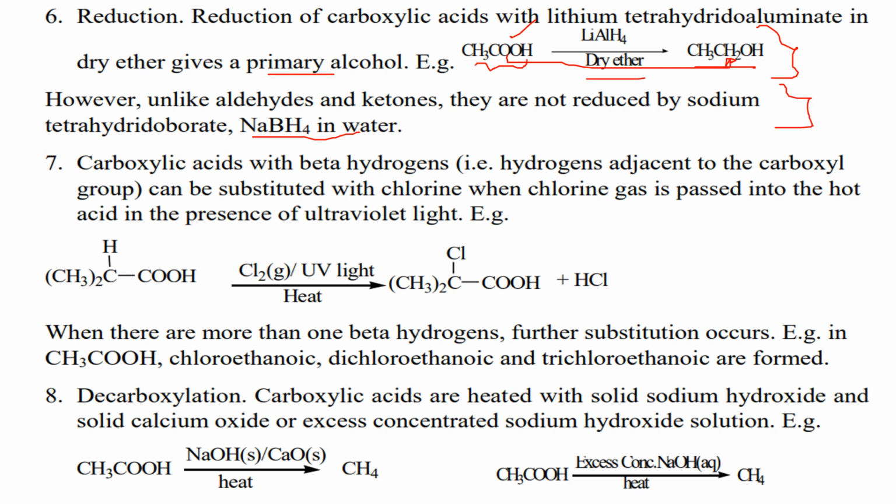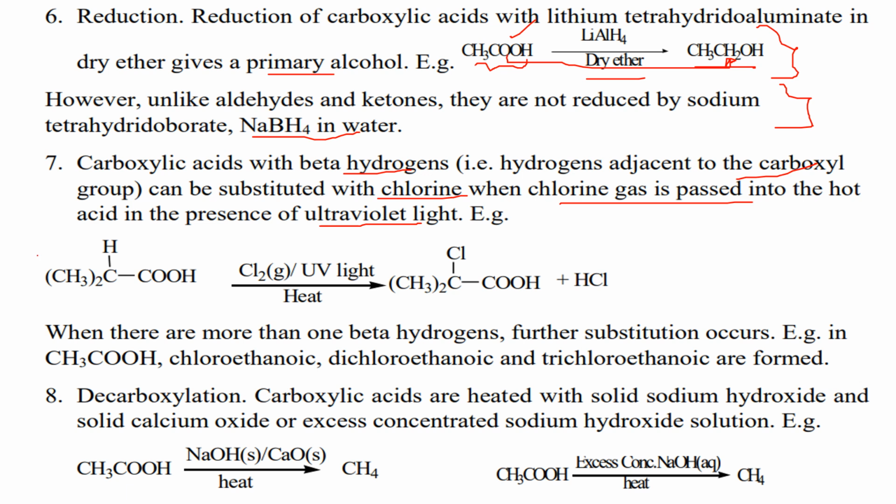Now looking at number 7, carboxylic acids with beta hydrogens, that is to say hydrogens adjacent to the carboxyl group, can be substituted with chlorine when chlorine gas is passed into the hot acid, and this is done in presence of ultraviolet light.